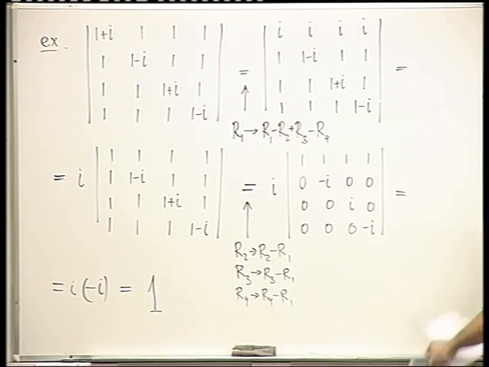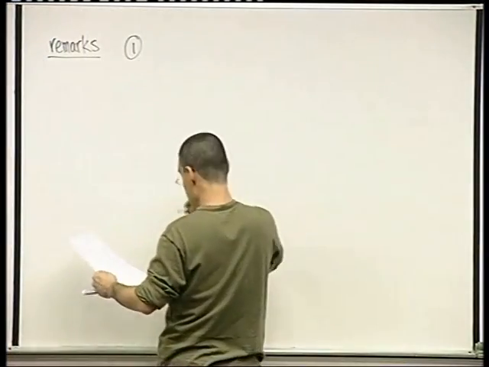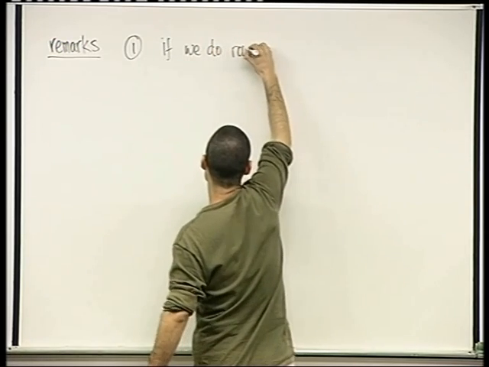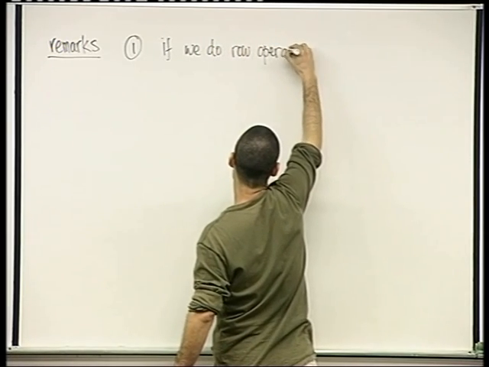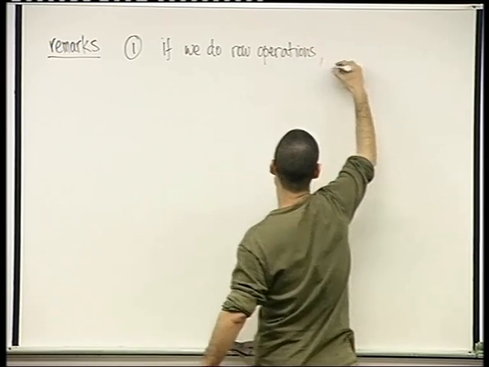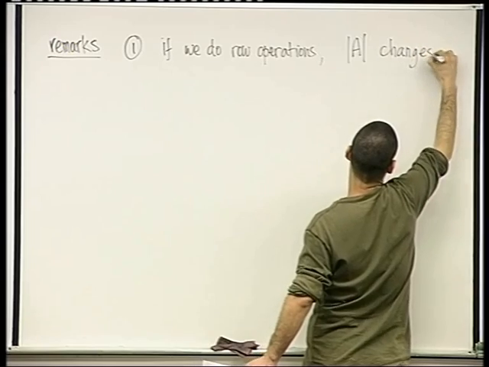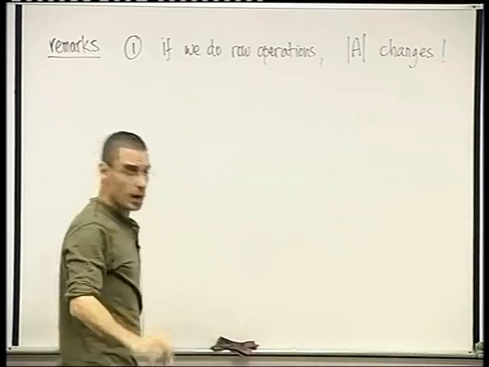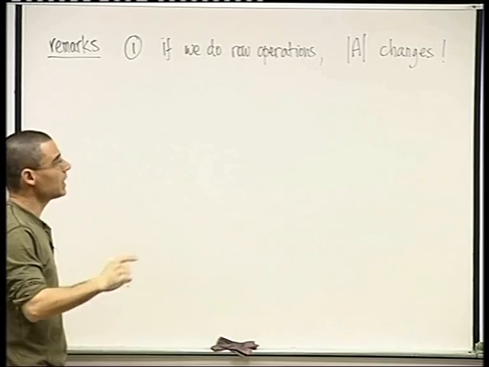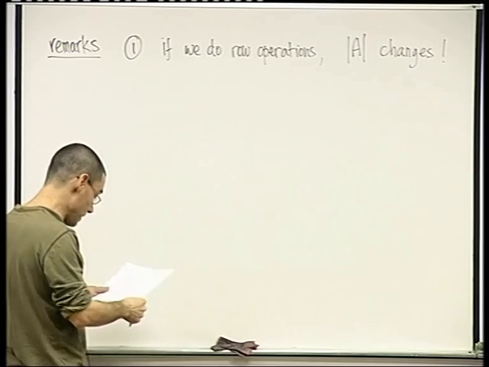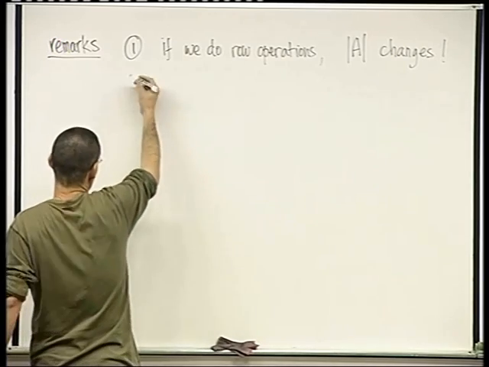Remark 1: if we do row operations, the determinant changes. That's a common mistake, to do row operations and claim that the determinant remains the same. That's not true.